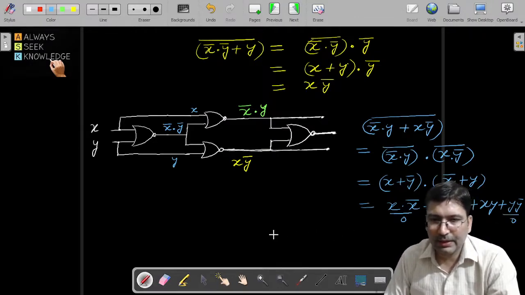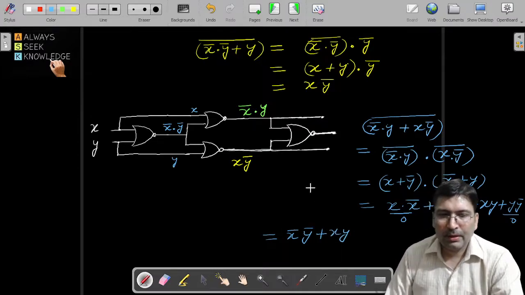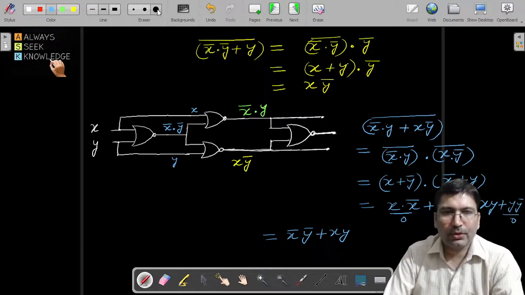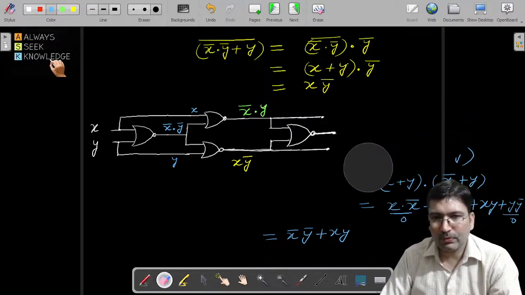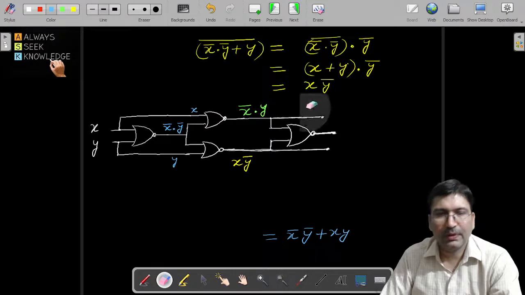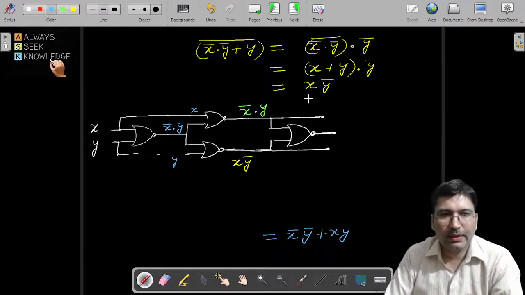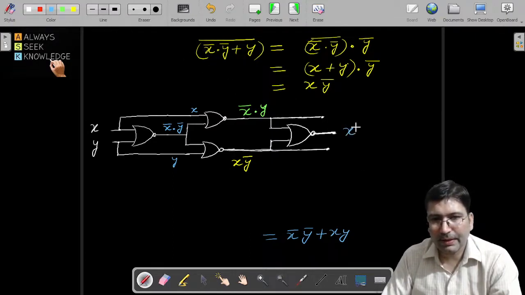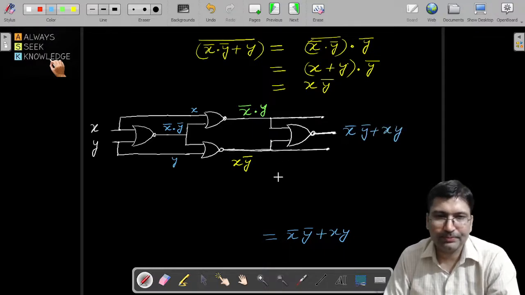So the ultimate thing which we are getting here is X bar Y bar plus XY, right? So in short, here we are getting X bar Y bar plus X Y.